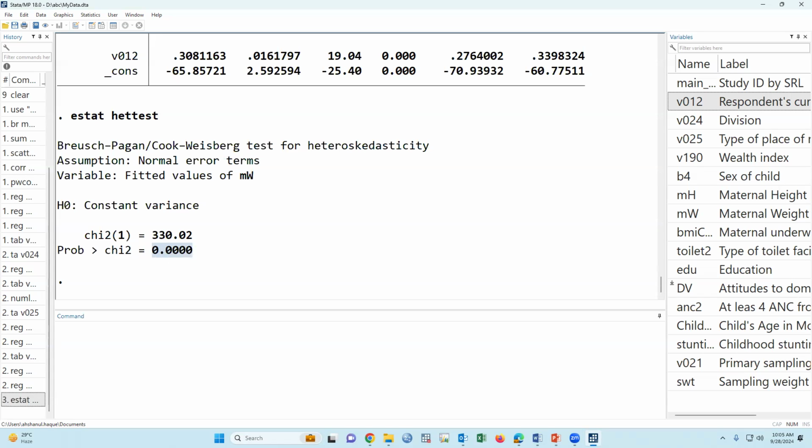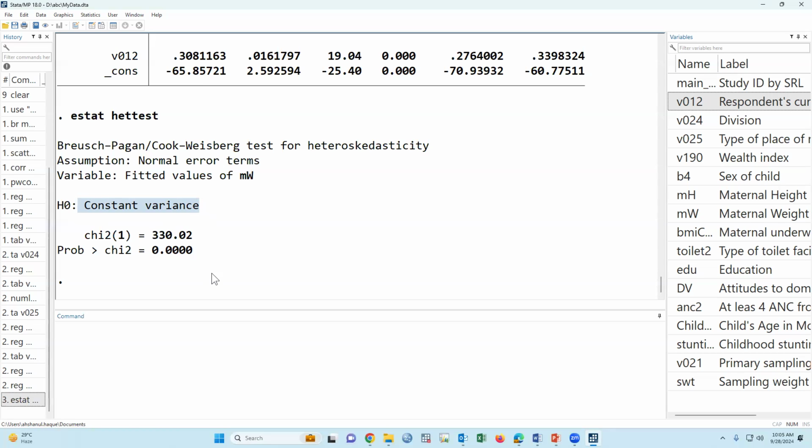Significant means what? The assumption of the normal error term is constant variance. So a significant p-value means the constant variance assumption is violated.